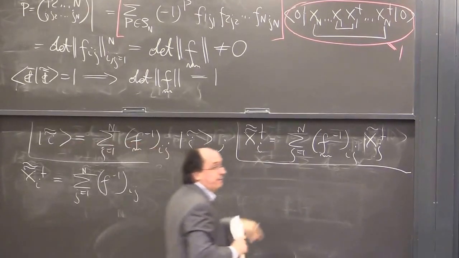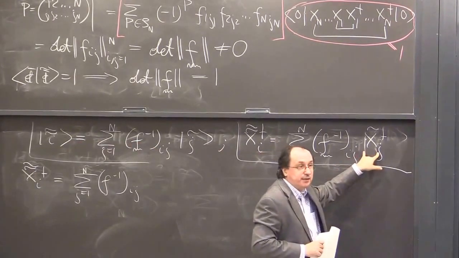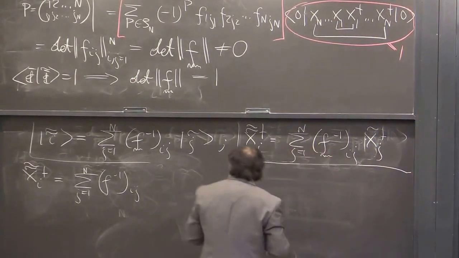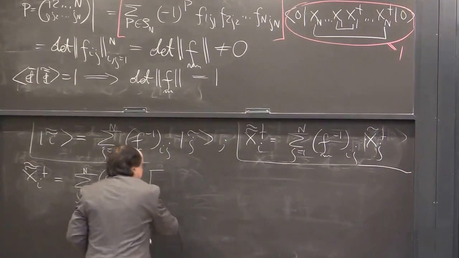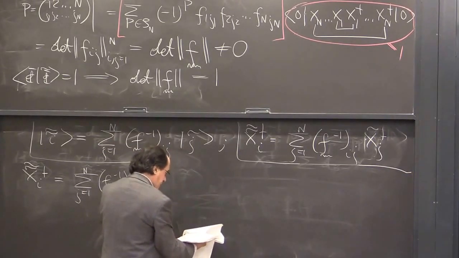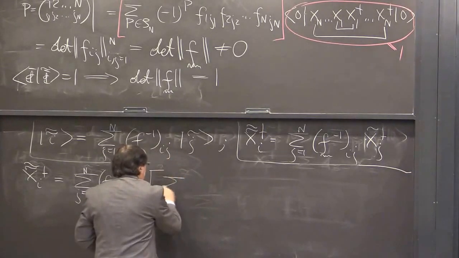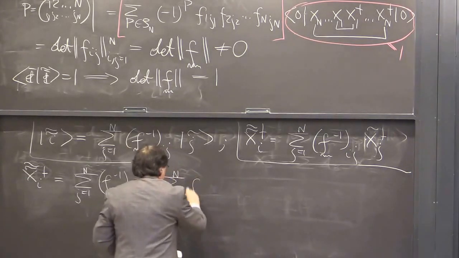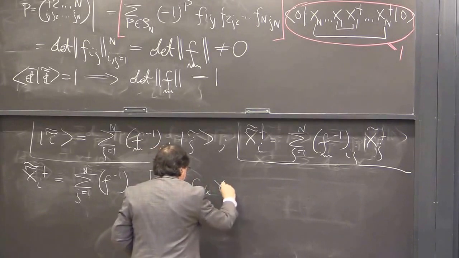You remember there was a formula relating x dagger tilde with the x daggers. So I'm going to use it now. I'll make sure I don't make a mistake here. It is a summation over k from 1 to n of f j k x k dagger.